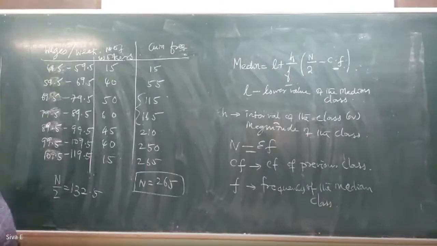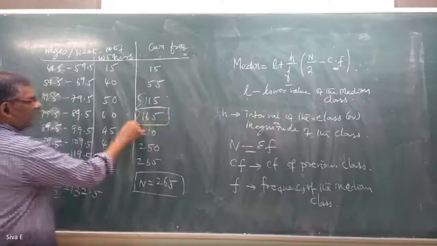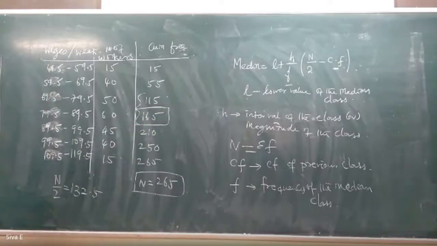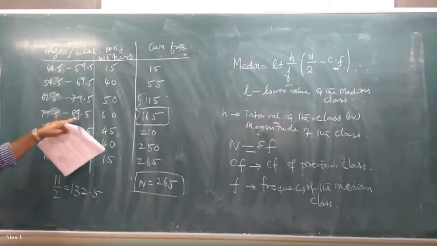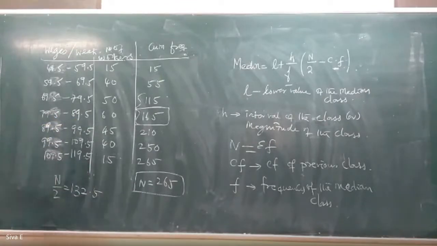So you have to take the next highest value, 165. Therefore 79.5 to 89.5 is the median class.